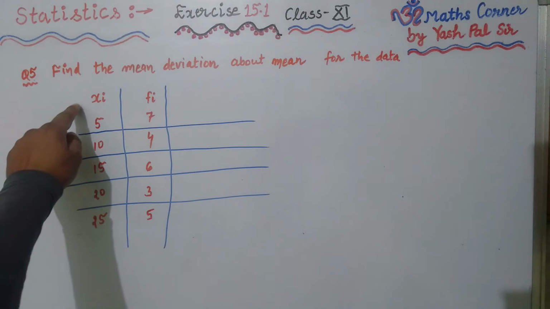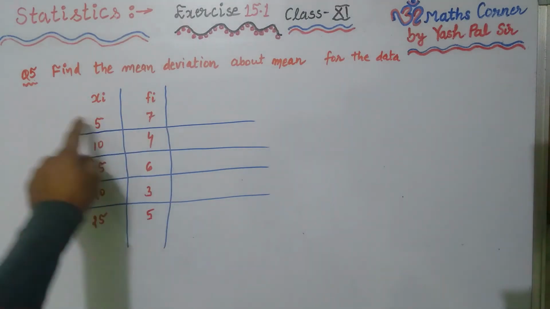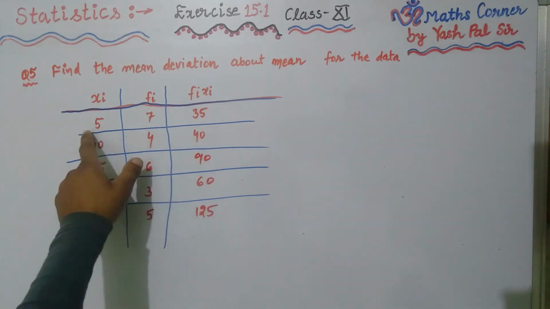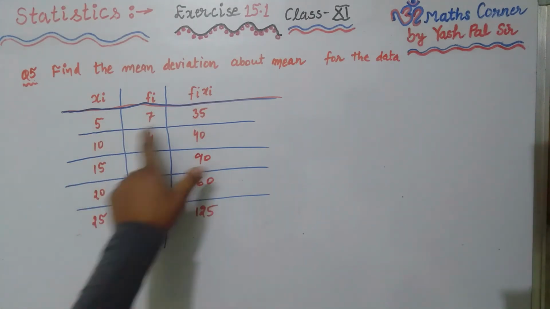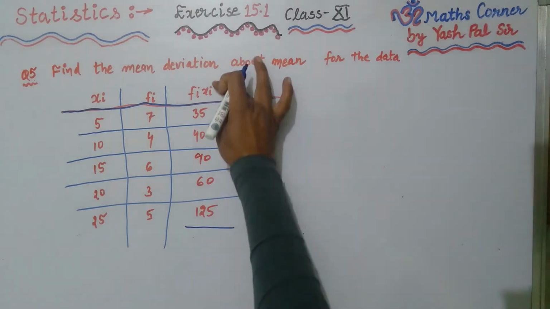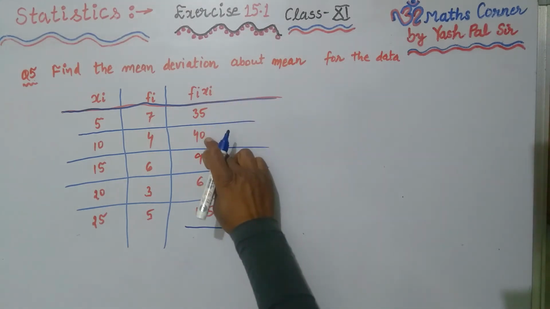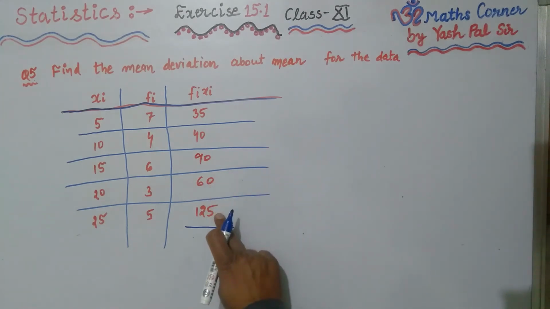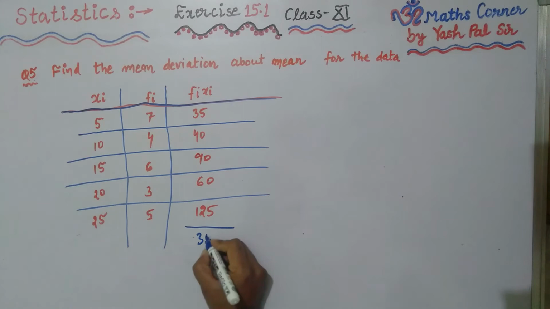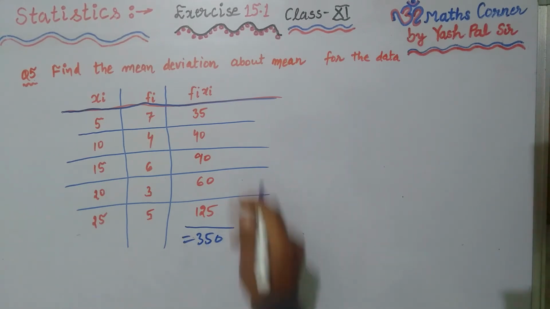First of all we find the product of fi and xi: 5 into 7, 10 into 4, etc. Thereafter we find the sum of fi xi, 35 plus 40 plus 90 plus 60 plus 125, which is equal to 350.